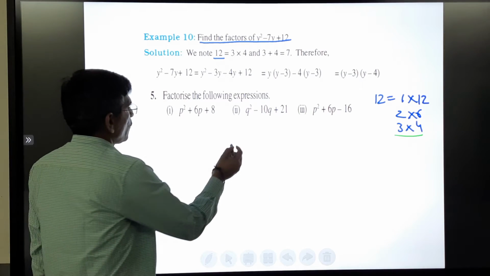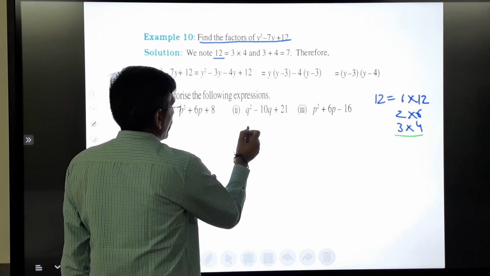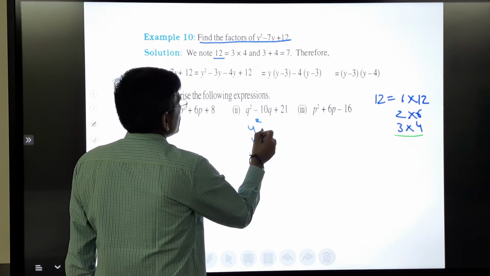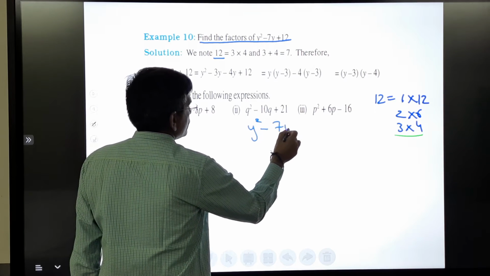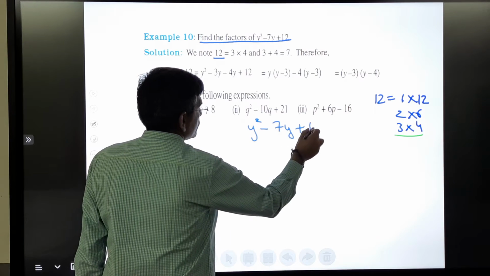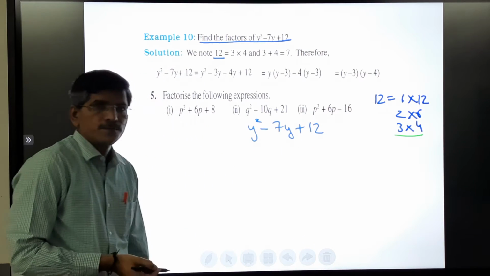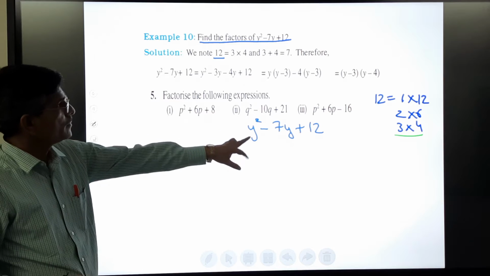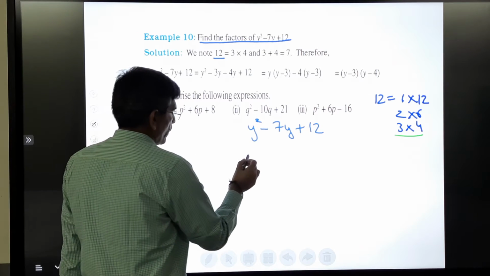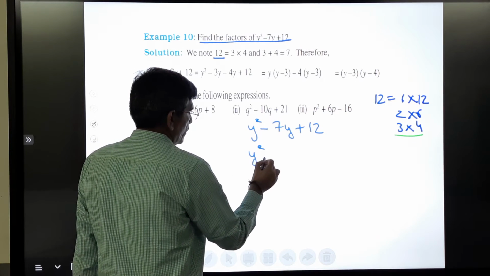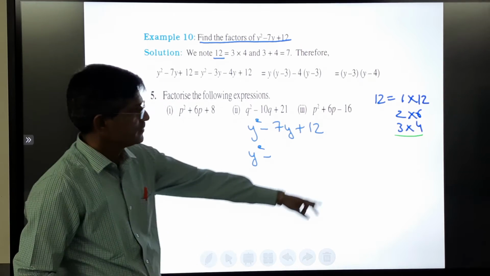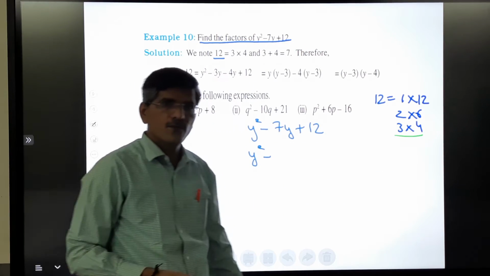So the question is in the form of y square minus 7y plus 12. We have to split the middle term. So y square, now instead of 7y, I have to write 3 and 4.